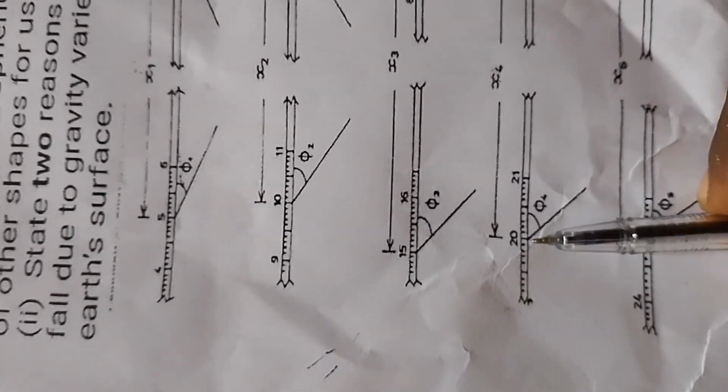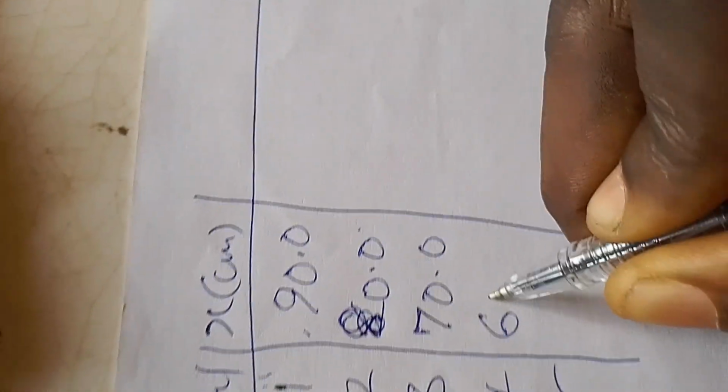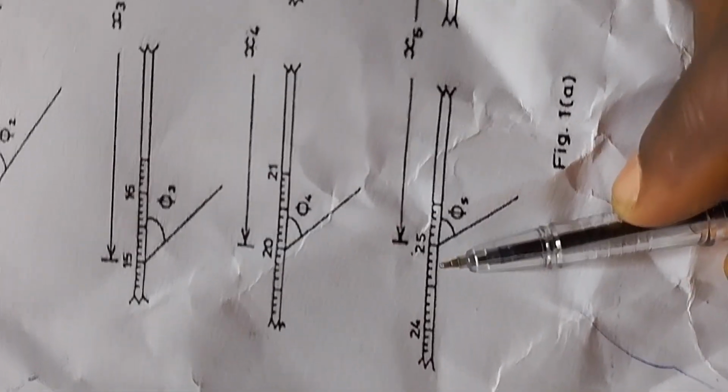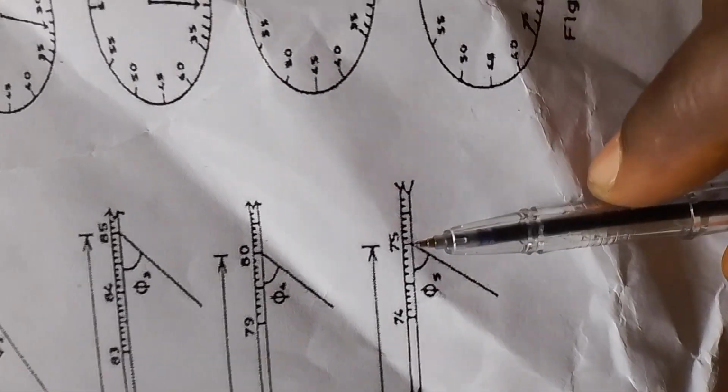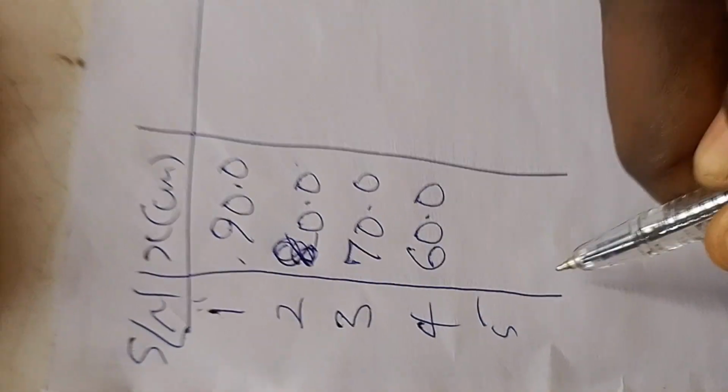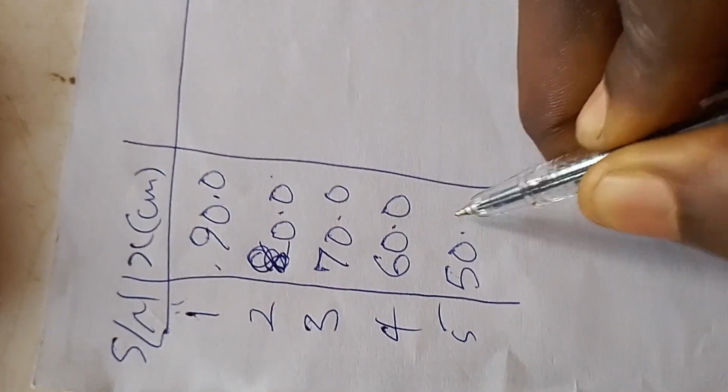That is 80 minus 20. That will give us 60. So we have here the fourth one, 60.0. Now the last one is 25 off. Here also 25 off. 75 minus 25. That will give us 50. So the last one is 50.0.